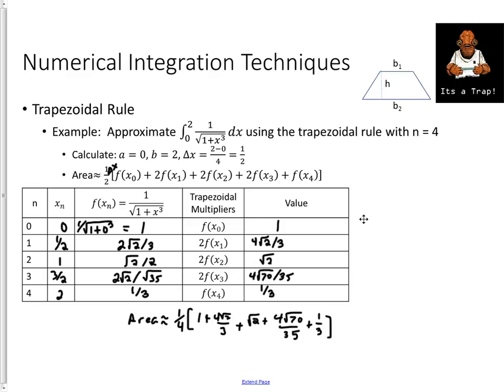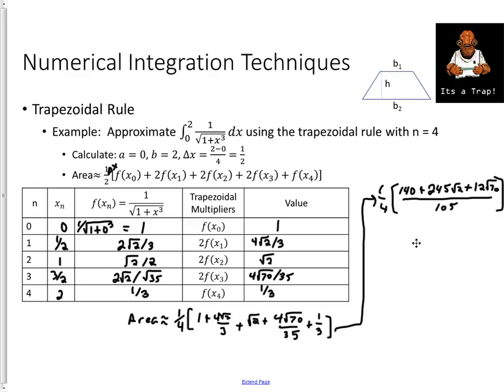All right. Of course, with a little bit of fancy footwork mathematically, you could work this one out. And I found an expression that looked kind of like this: 1/4 of the quantity 140 plus 245 square roots of 2 plus 12 square roots of 70, all divided by a common denominator of 105.